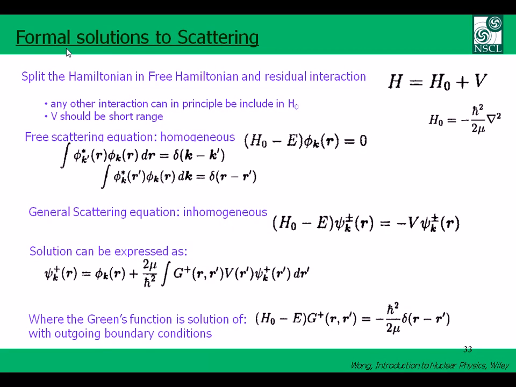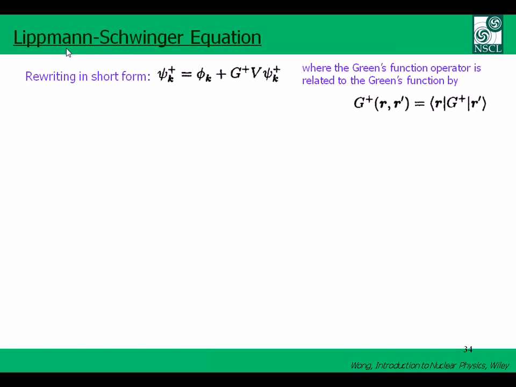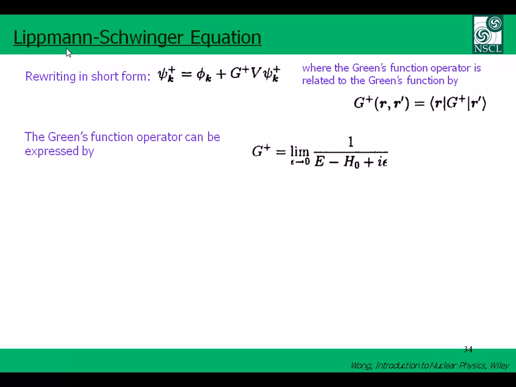So that's exactly what we solved. Writing it in short form, in formal way, I can write psi is equal to phi plus G V psi, which is an implicit equation. It is not the solution, it is another equation. But now it is an integral equation. So that Green's function operator is formally defined like this.